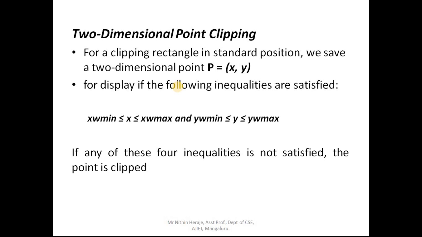If these conditions are satisfied, the point is visible to us. If any of these four inequalities is not satisfied, the point is clipped off from the viewing window and is not visible to us. So this is about point clipping.